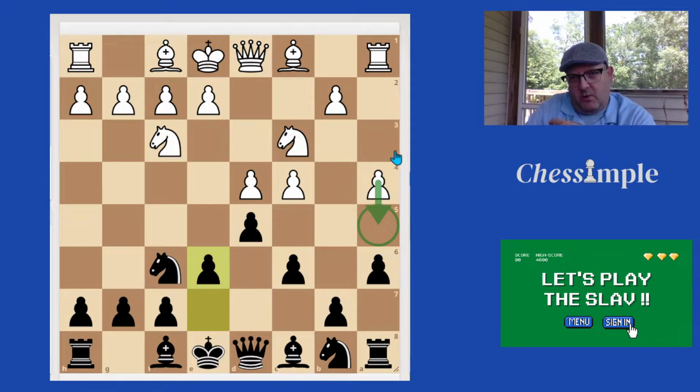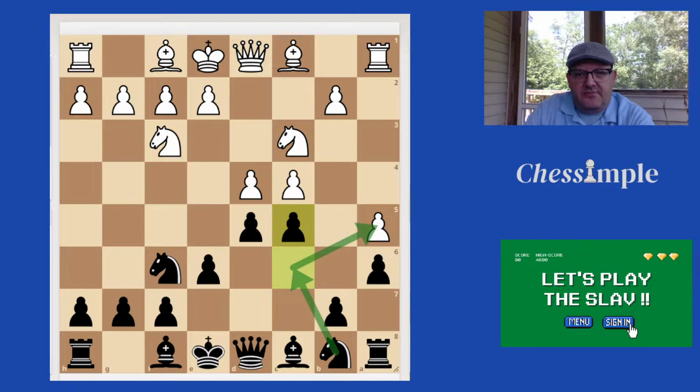And so why is that? Well, let's just look at it real quickly. If they played a5 right here, we could play c5, and the idea being is then we're going to play knight to c6, and this will be a nightmare for white, because now we'll have the bishop and the knight hitting that pawn, and there's just no good way for white to proceed in this position.